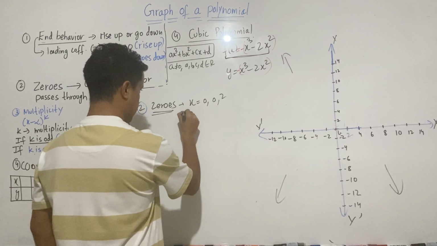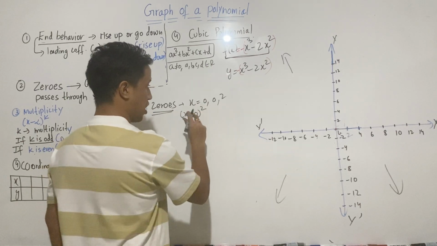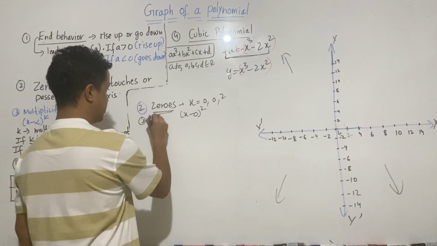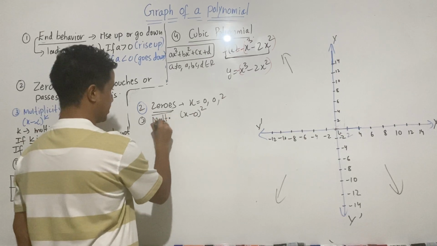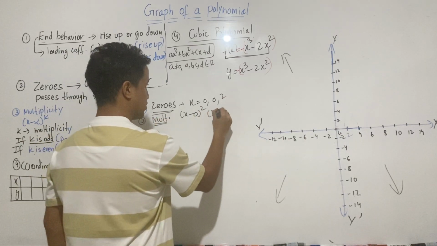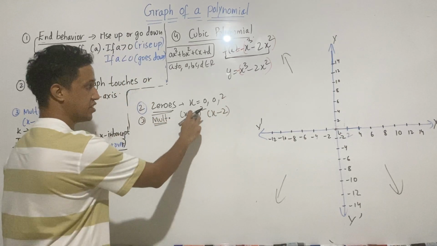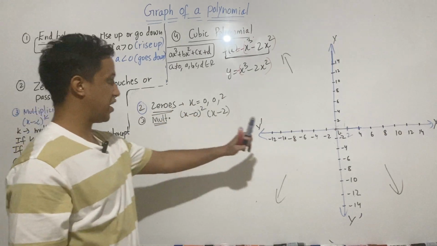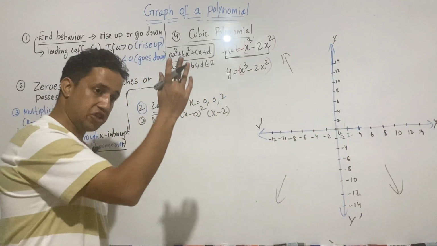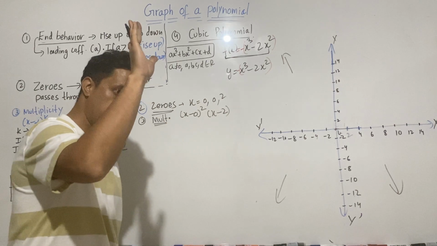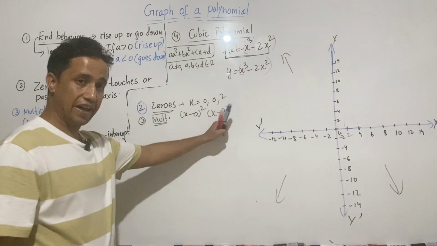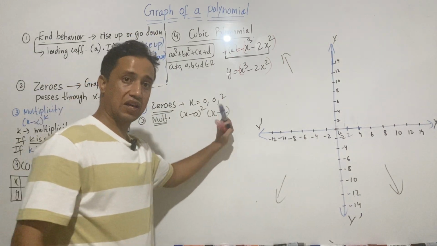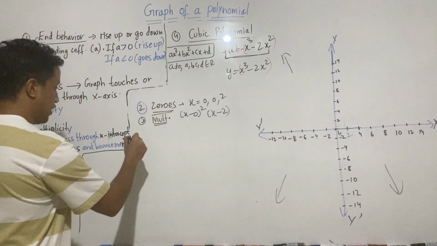We know x minus 0 is even, means at the origin it will just touch and bounce over, right? And x minus 2 is odd, so at x equal to 2 it will pass through the x-axis.